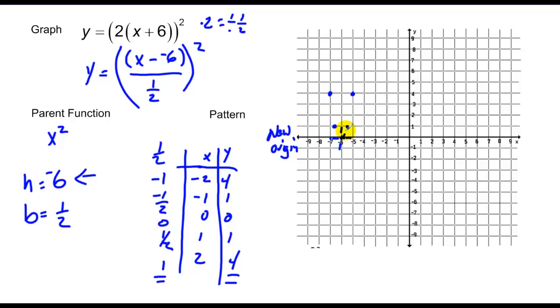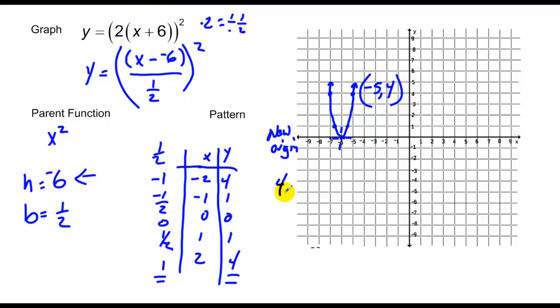So you'll see that this normal x squared graph has been squished in. Now let's take a point like -5, 4, plug it in and make sure it works. And again, I haven't done anything as far as plugging into this equation.